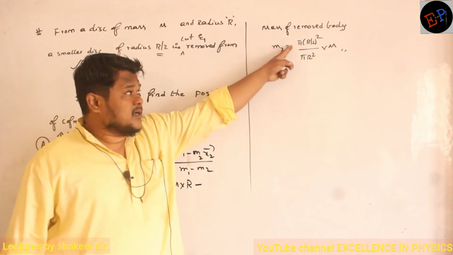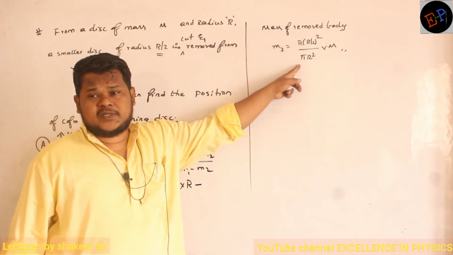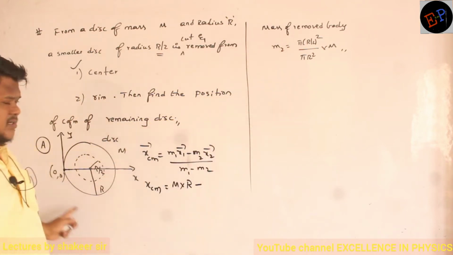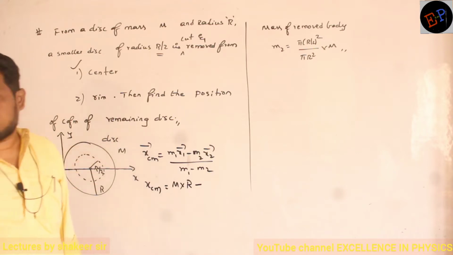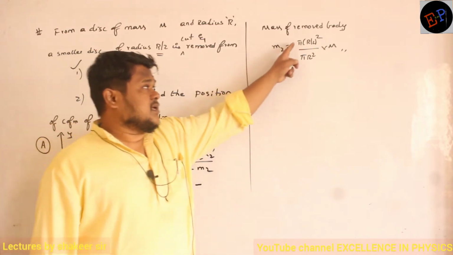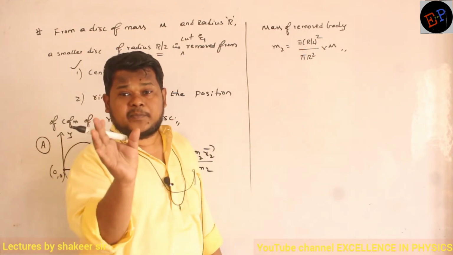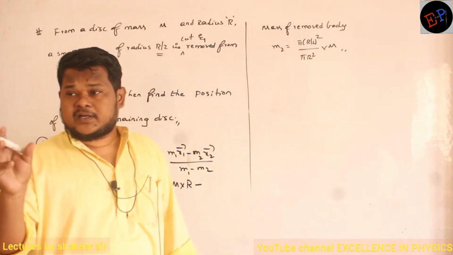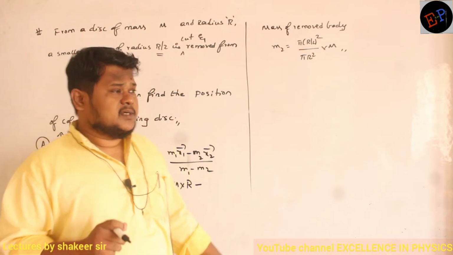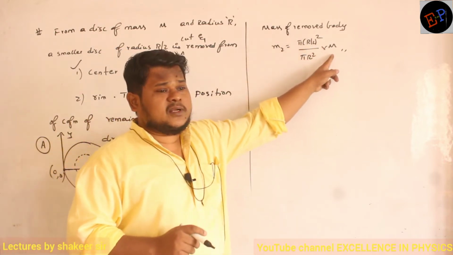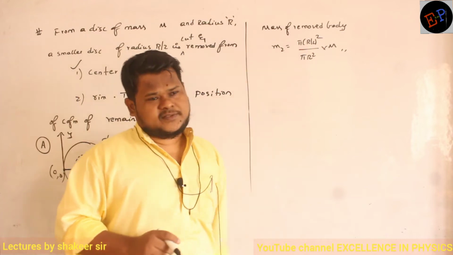That area I am comparing with the total area. What is the total area? Pi r square. For a circle, area is pi r square only. So the ratio of the area of the smaller disk to the area of the total disk gives a comparison of areas, a fraction of areas. That fraction multiplied by the total mass gives the fractional mass.